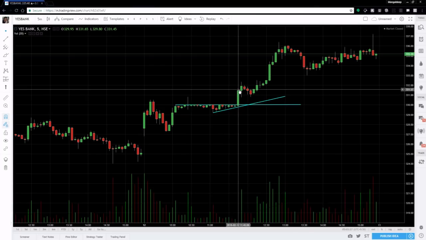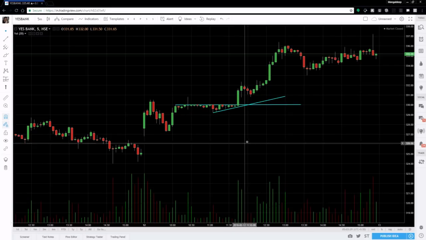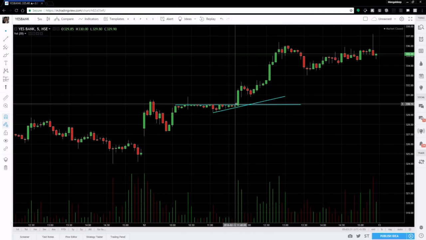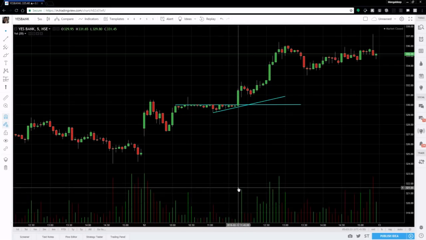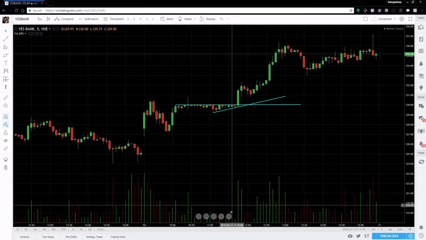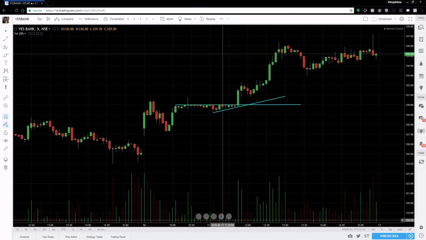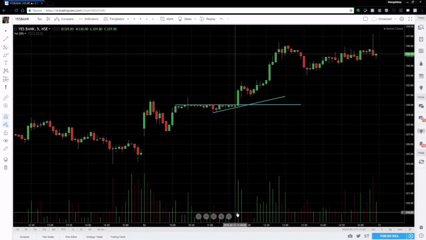Now one more thing that you need to draw on your charts is the volume. You see the green candle here and you see the volume here, the green histogram. See how big it is. It's almost 4 to 5 times the other volume histograms that we have here. So this confirmation is important. Remember, every time volume is the thing which moves the stocks.